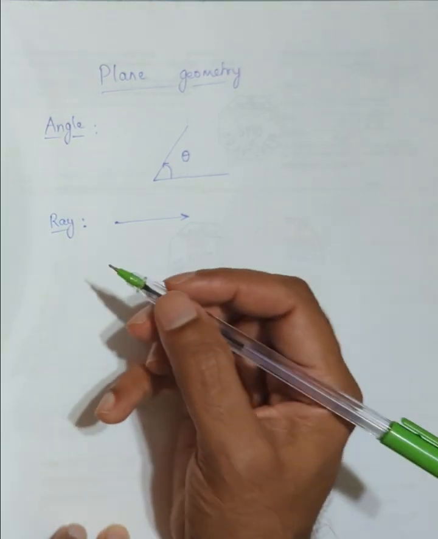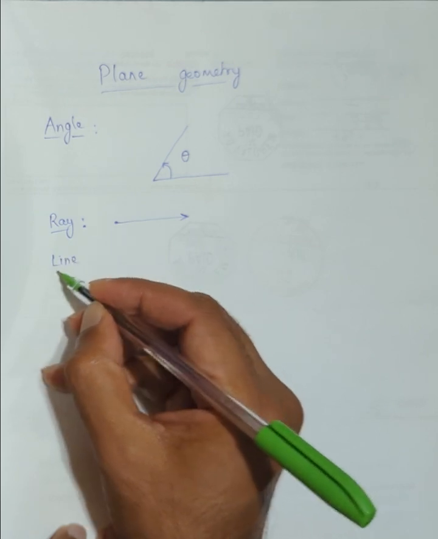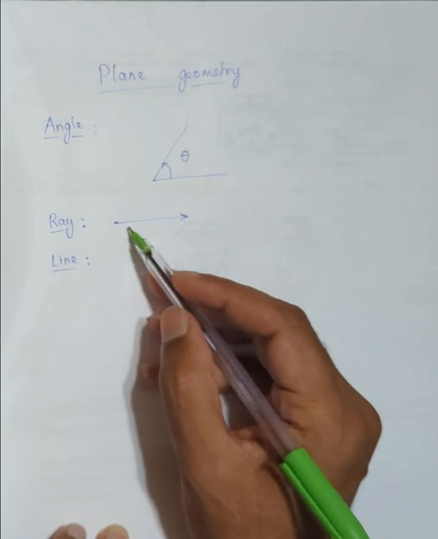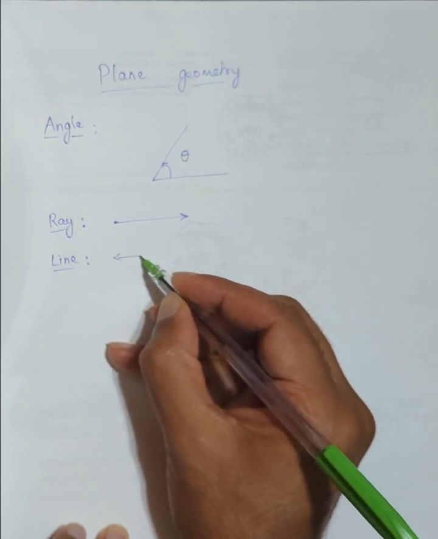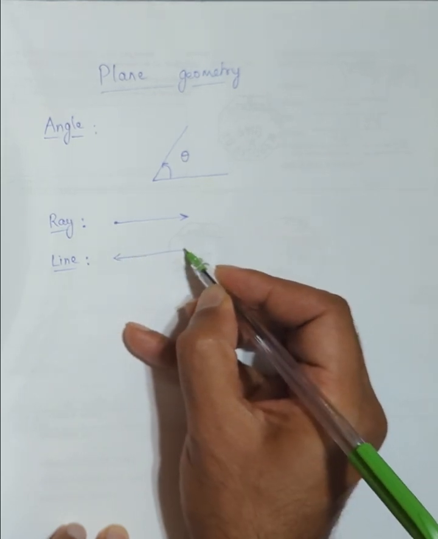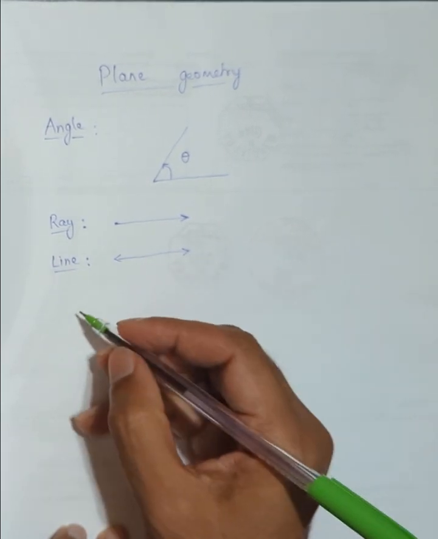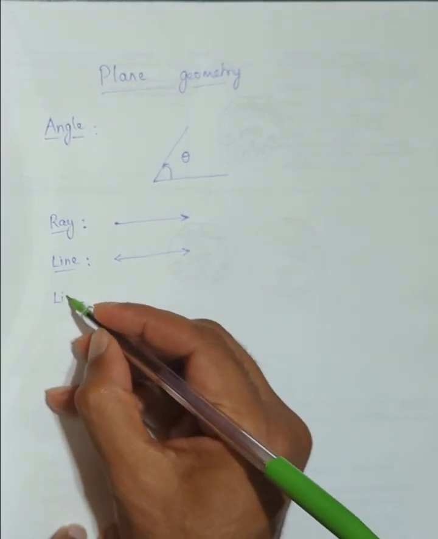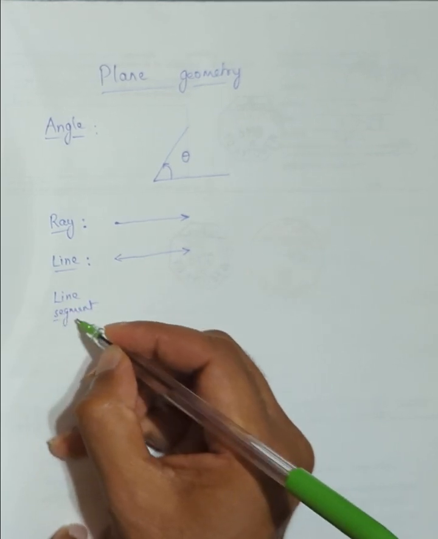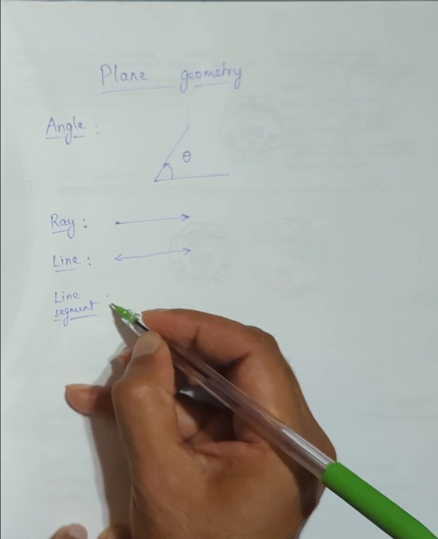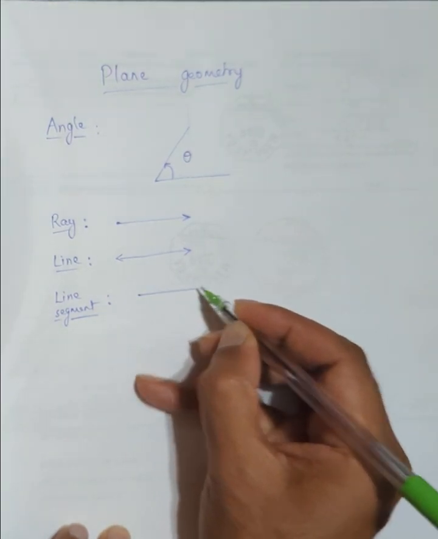Now, there are two other related words. One is called line, and a line is something that has neither a starting point nor an end point, which means we need arrows on both ends. And then there's one other related word, it's called line segment. As the name suggests, it's a part of a line, which means it starts somewhere and ends somewhere.